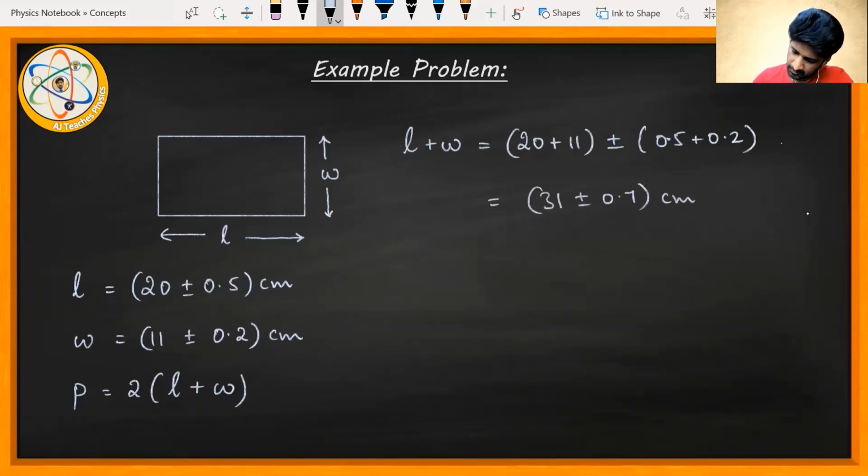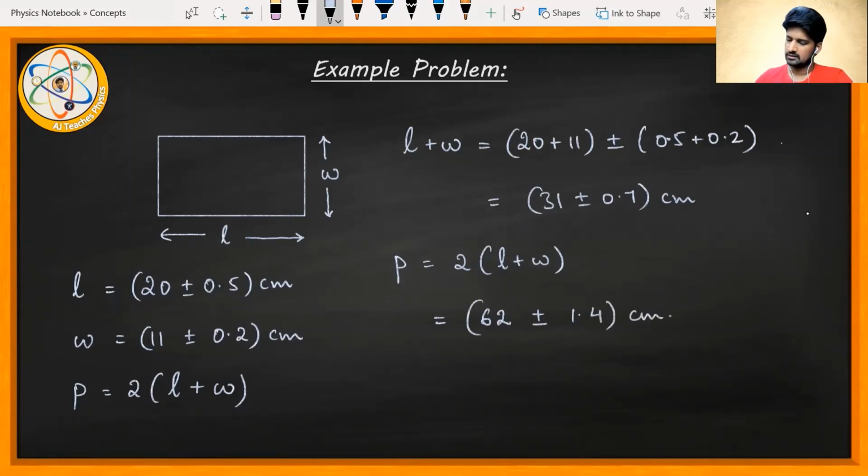And then we can express the perimeter, which is 2 times the sum of the length and width, as 62. The true value gets multiplied with 2, and the uncertainty also gets multiplied with 2. 0.7 taken twice is 1.4 centimeters. So this is the proper way to express the perimeter of the rectangle.